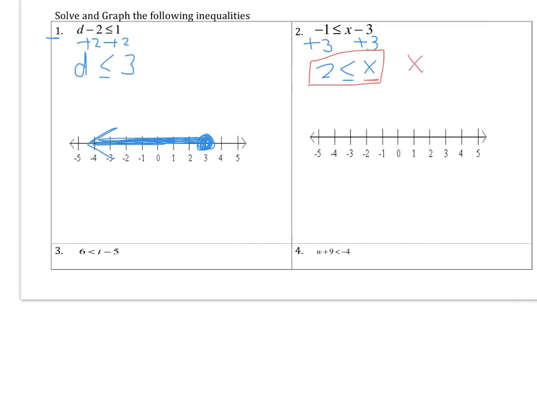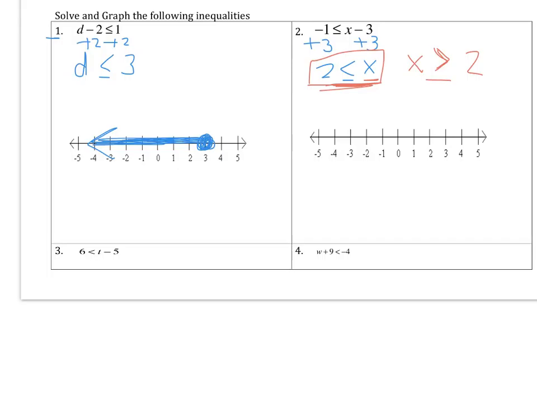But please note that in this problem, or any time you end up with x on the right, before you go to graph it, you're going to rewrite it and read it backwards. So starting from the x, I have the open part of the symbol next to x, and so it is x is greater than or equal to 2. As you read that backwards, it's x is greater than or equal to 2. And now it shows us which way to graph it.